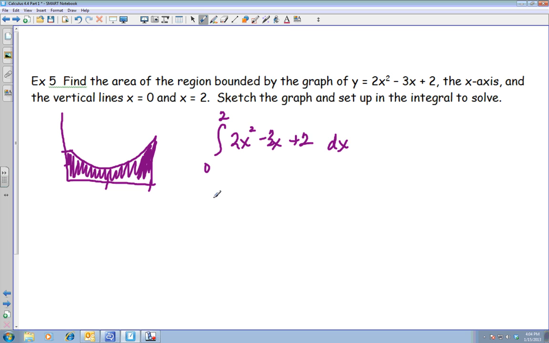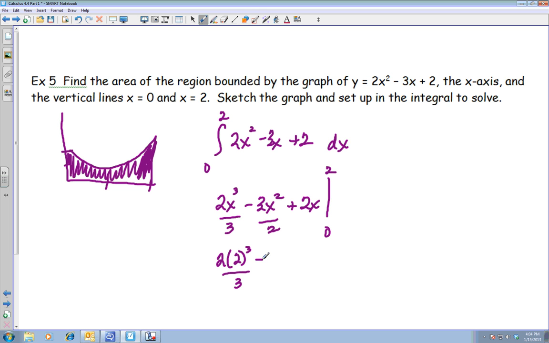So now we're going to find the antiderivative. 2x cubed over 3 minus 3x squared over 2 plus 2x from 0 to 2. I'm going to plug my 2 in. 2 cubed over 3 minus 3 times 2 squared over 2 plus 2 times 2, minus whatever I get when I plug 0 in. Do you see that I'm going to get 0 for each one of them?